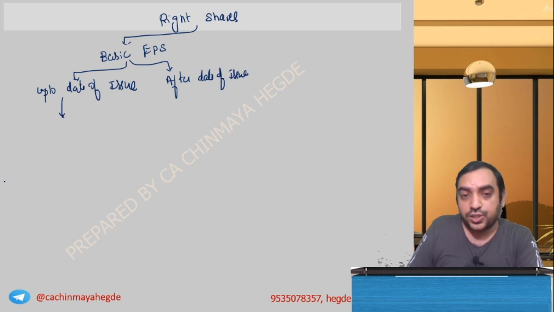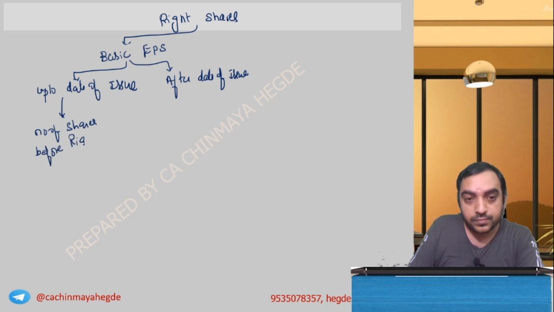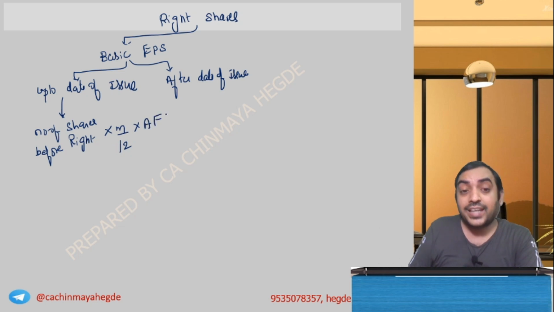Up to the date of right issue, we compute like this: number of shares before right into m by 12, number of months, into adjusting factor. I'll tell you what is adjusting factor.